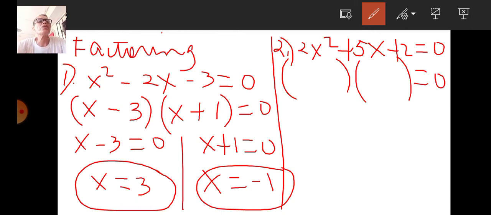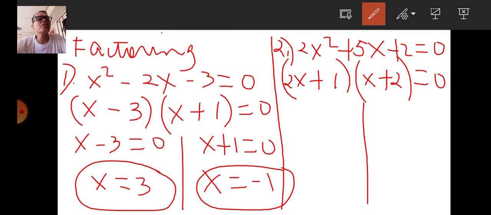So we have factors of 2x squared is 2x times x. The factors of 2 is 1 times 2. Since they are all positive, all are positive. So 1 times x is x, 2x times 2 is 4x, plus 1x is 5x.